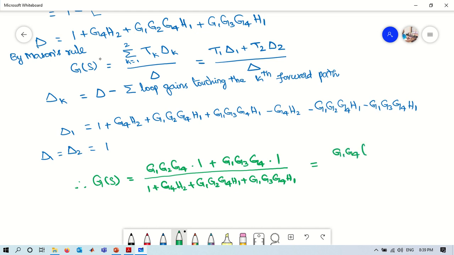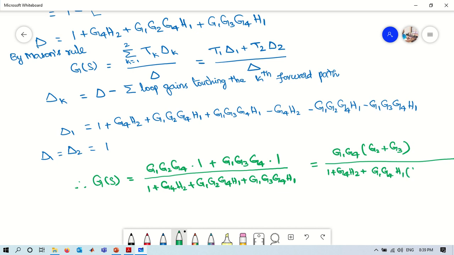So the resultant system, here I can simplify and write this as G1 G4 into G2 plus G3 divided by 1 plus G4H2 plus G1 G4 H1 into G2 plus G3. Again here we can take terms common, or even if you retain it as such, no issues.